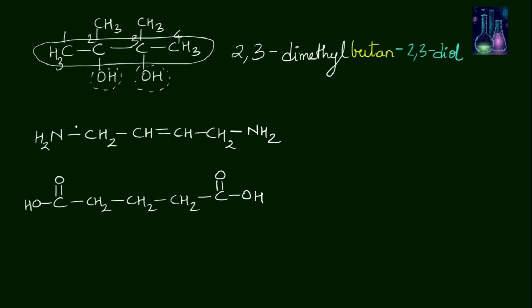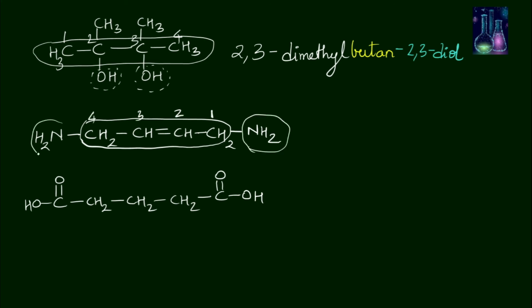Next example, this is your longest carbon chain. This has the first carbon, second carbon, third carbon, fourth carbon. You have an amino group at the first carbon and at the fourth carbon.